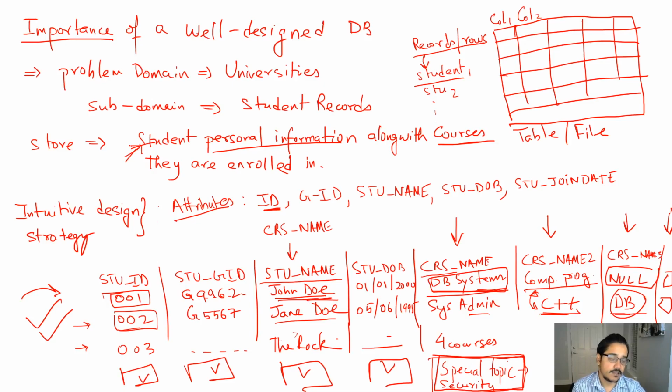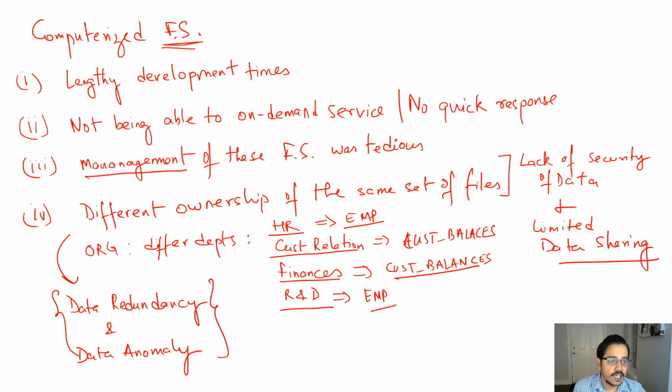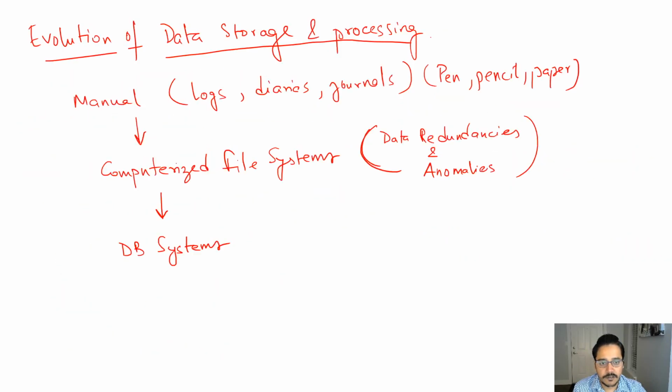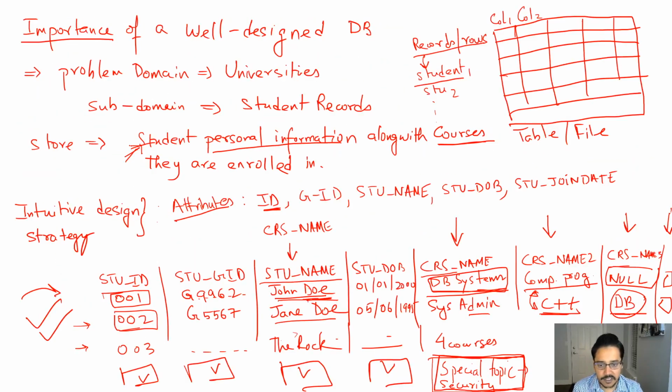Okay. Then you have the case of deletion anomaly. So let's say somebody had registered for this particular special topic course, right? Let's take a different example. Yeah.